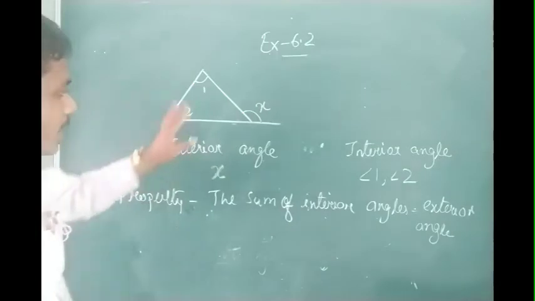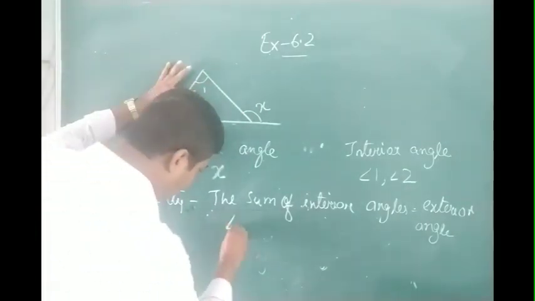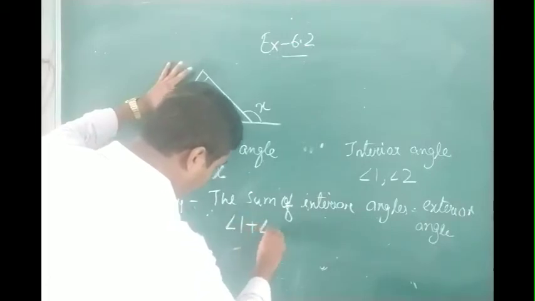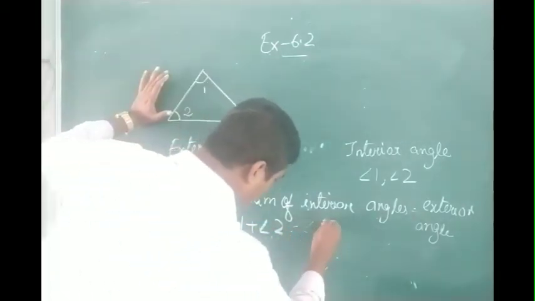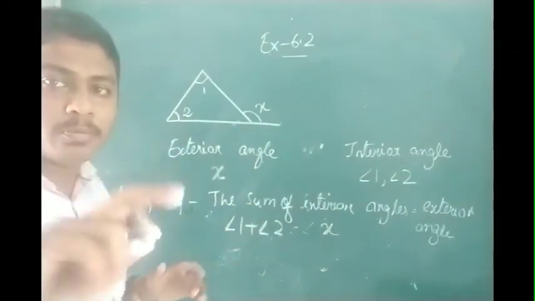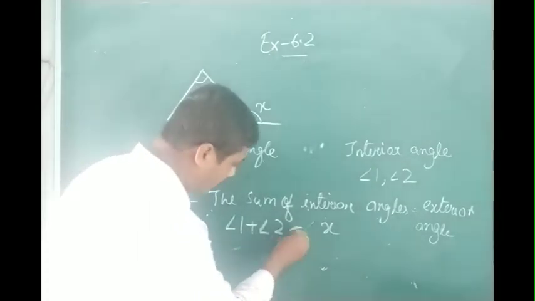So you can see in this diagram the interior angles are angle 1 and angle 2. Angle 1 plus angle 2 will be equal to the exterior angle, that is angle x. So this is our property: angle 1 plus angle 2 equals angle x.